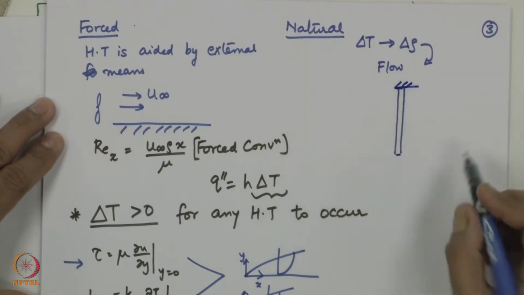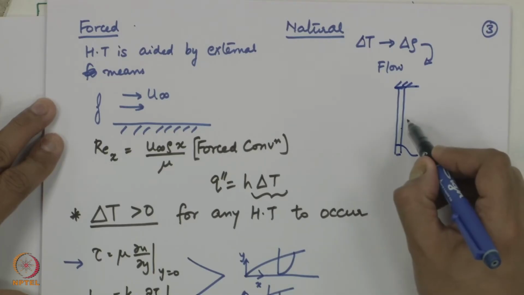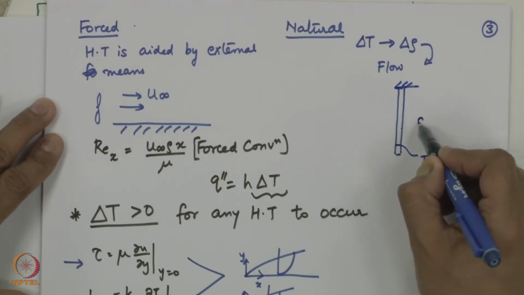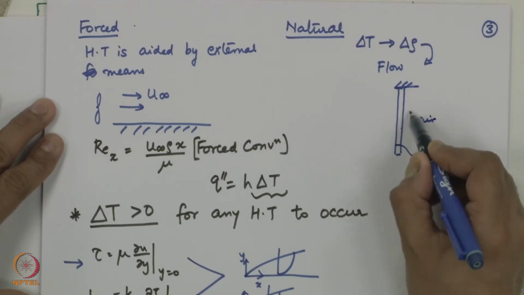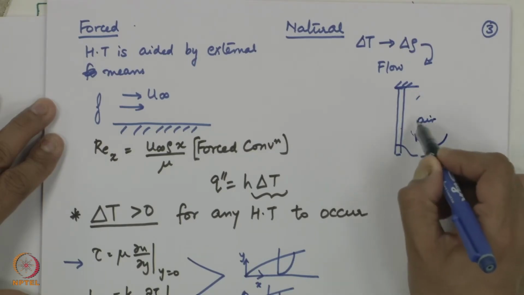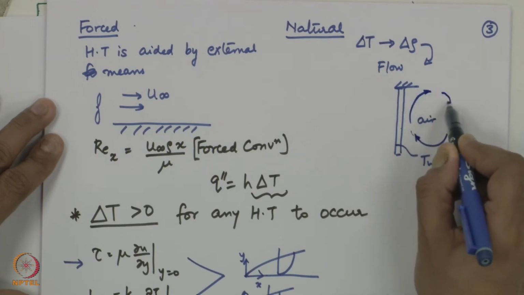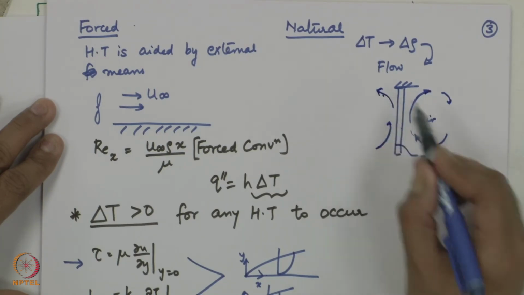Okay. This is at some high temperature T wall. What happens? The air near the wall would become hotter, and therefore it is going to rise up, and this in turn would bring in the cooler air here, and some kind of a current is going to get established. So, this is something that you would see in everyday life.